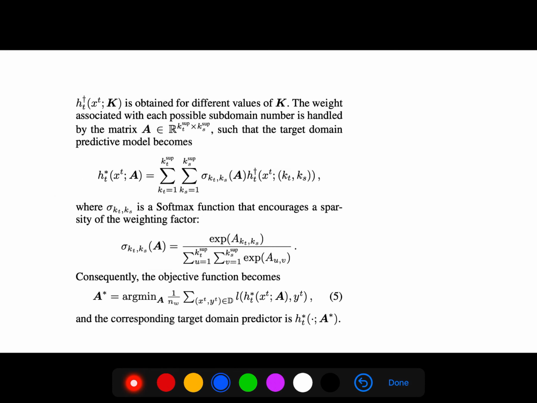So each H is obtained for different values of K. The weight associated with each possible subdomain number is handled by this matrix A, such that the target domain predictive model becomes this. And here sigma is just a softmax that encourages sparsity of the weighting factor. So we can easily get our A.